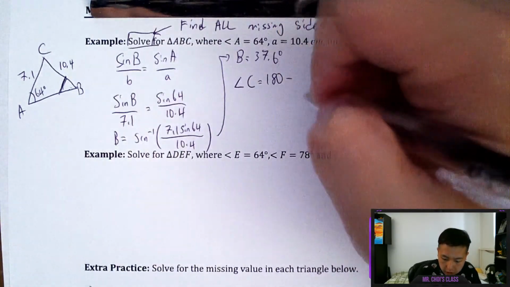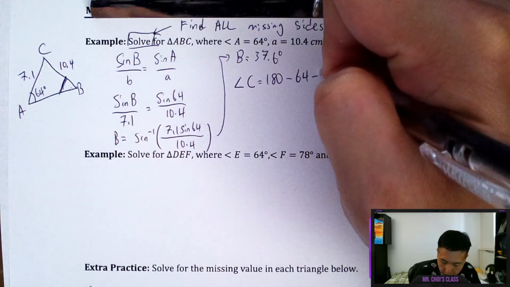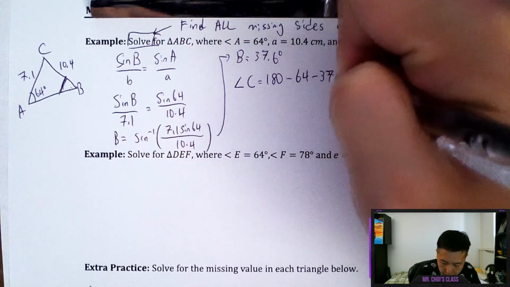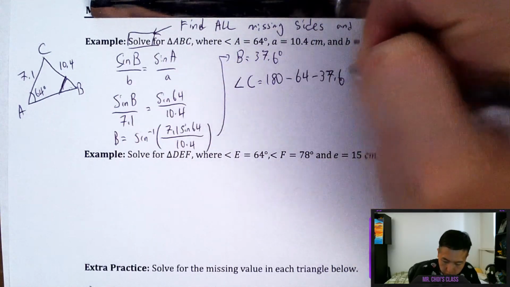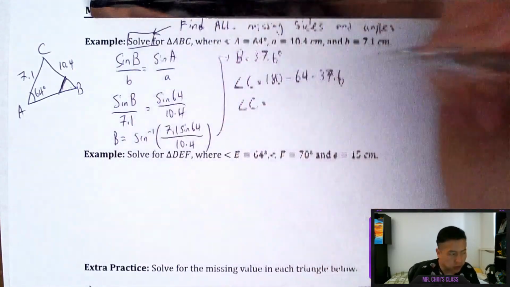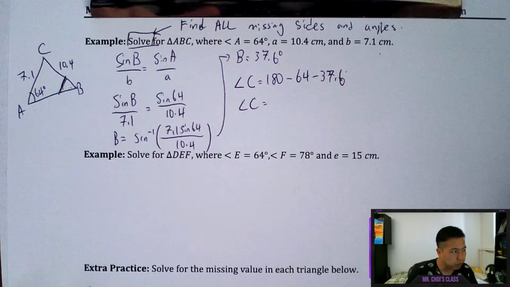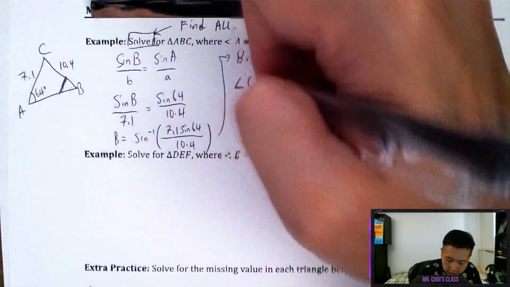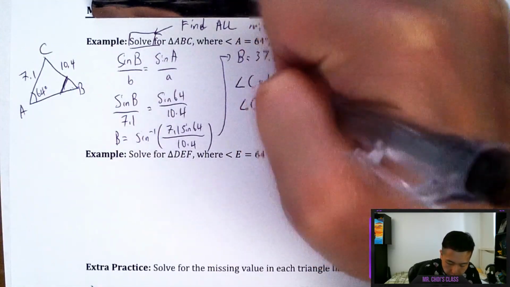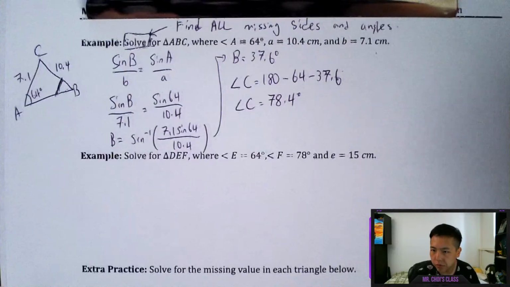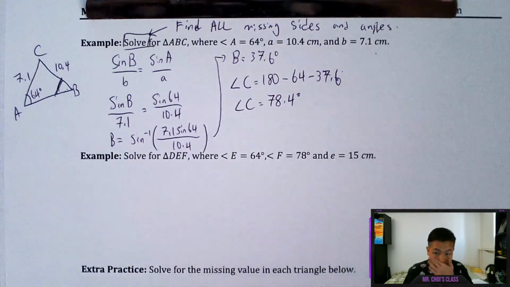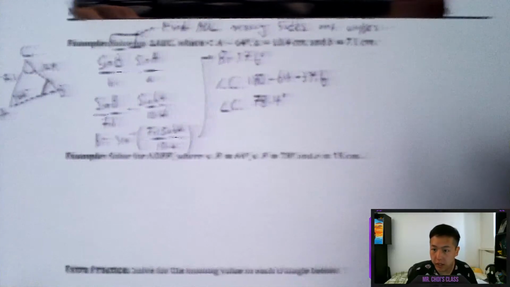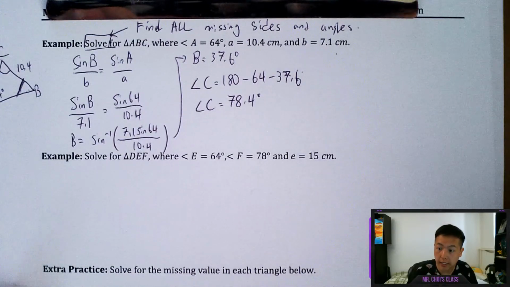So we're going to subtract 64 and subtract 37.6, right? So that's pretty straightforward. Subtracting that is going to give me 78.4 degrees. Okay, so now we've already solved angle A, B, and C, which means we only have one thing left, which is side C.